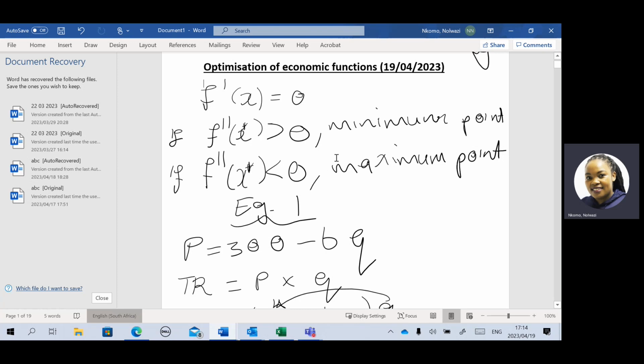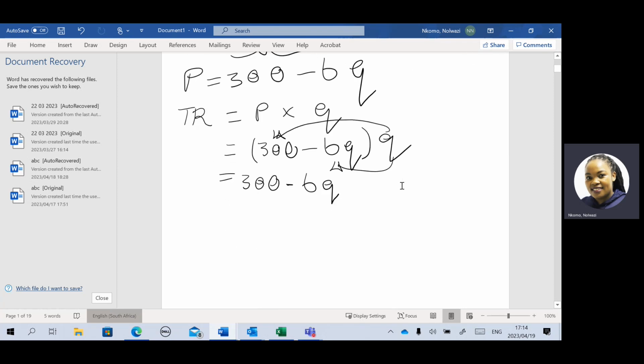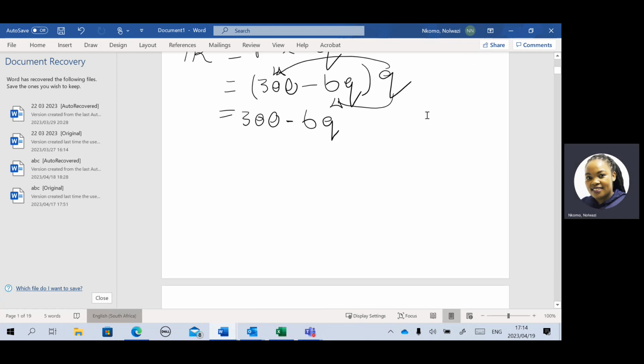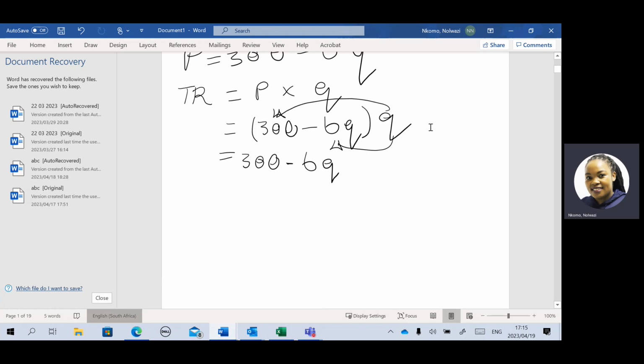We will find that point by finding the derivative and equating it to 0. The first derivative of the total revenue is the marginal revenue, so this means we need to find the marginal revenue.